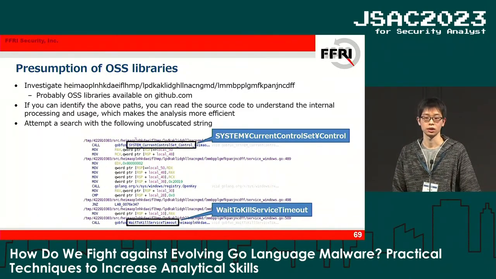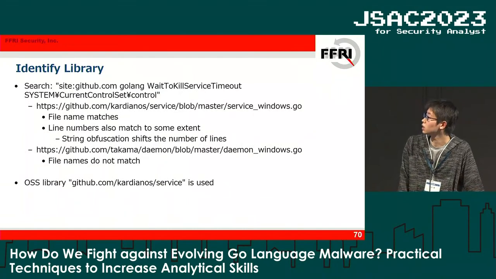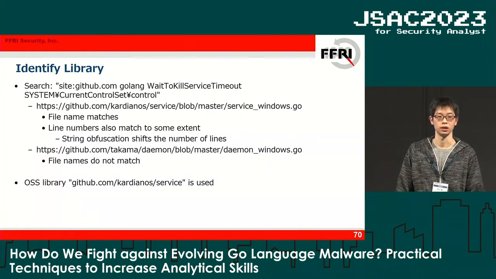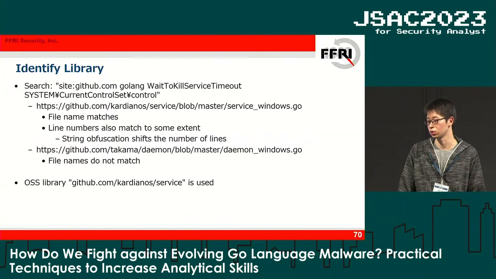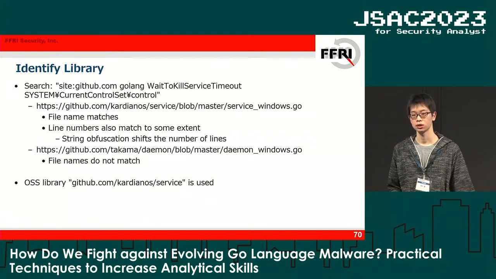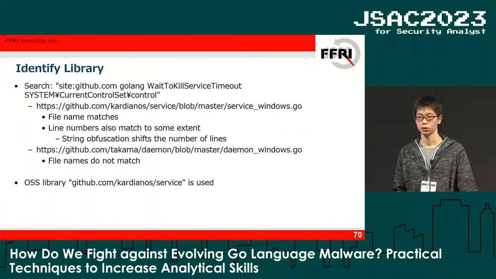With the extraction of the string, we can get these other strings. This information is retrieved and searched in Google, and we hit a number of repositories that confirm this. At the top we have the file name matching and the row numbers too. We think this is correct, and these are the repositories being used. This OSS service library, kardianos, is matched.